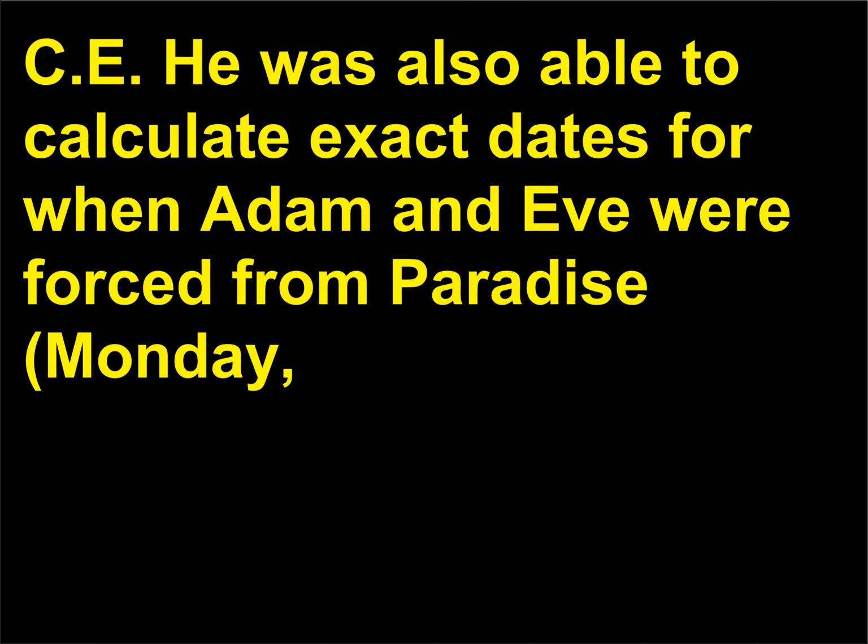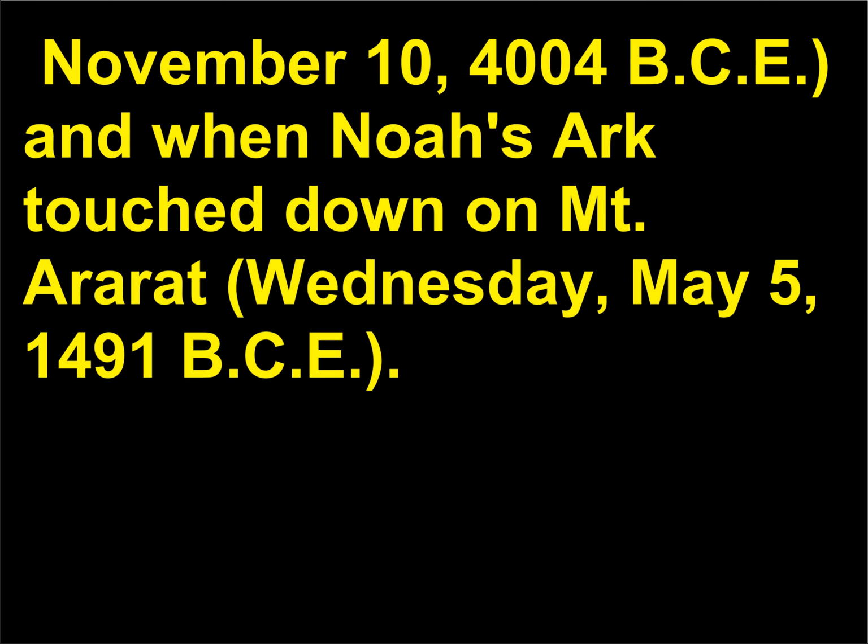He was also able to calculate exact dates for when Adam and Eve were forced from paradise, Monday, November 10, 4004 BCE, and when Noah's Ark touched down on Mt Ararat, Wednesday, May 5, 1491 BCE.